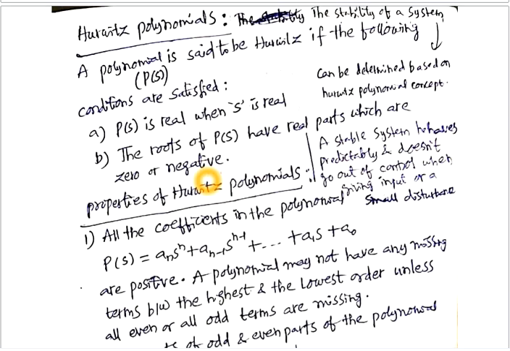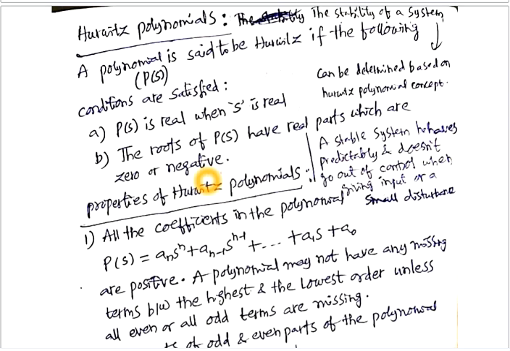The next condition is that the roots of p of s have real parts which are 0 or negative. I already told you, for stability, the poles of the transfer function must lie on the left side of the s-plane. In a similar manner, for a polynomial to be Hurwitz, the roots of that polynomial p of s should have real parts which are 0 or negative.